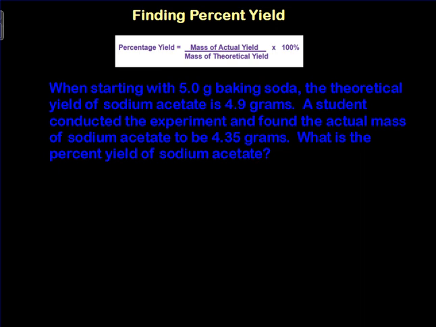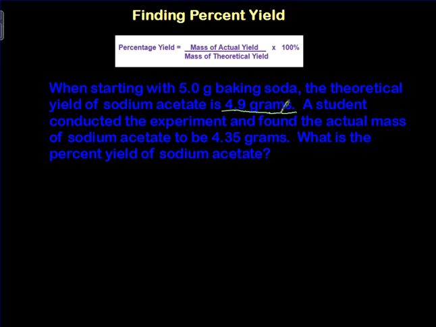Okay? So notice there are three numbers that were given in this problem, and we really only have to deal with two of them. So we need to identify what is our actual yield and what is our theoretical yield. So it tells us pretty clearly here that the theoretical yield of sodium acetate is 4.9 grams.